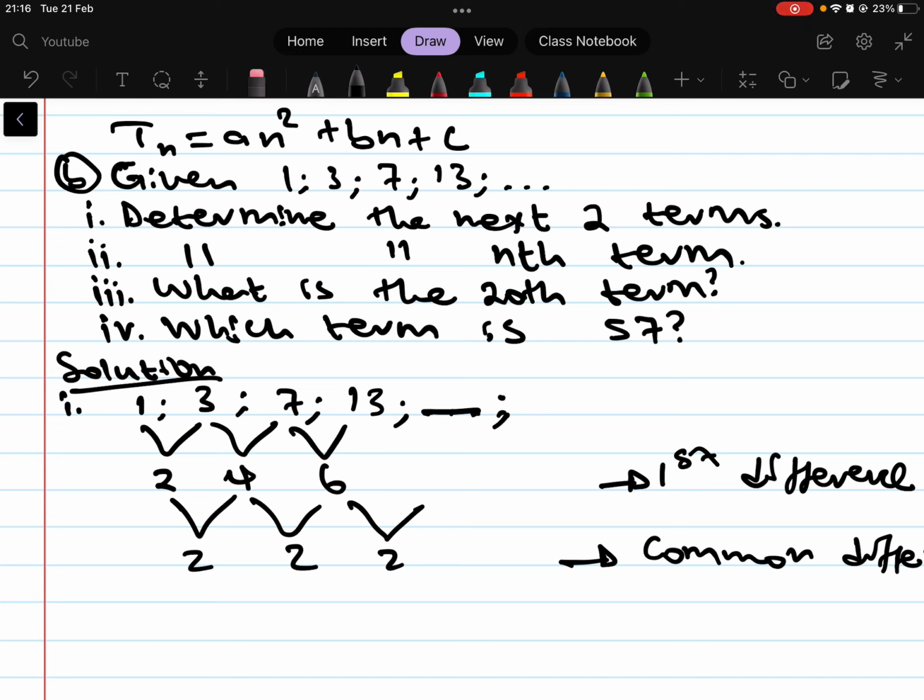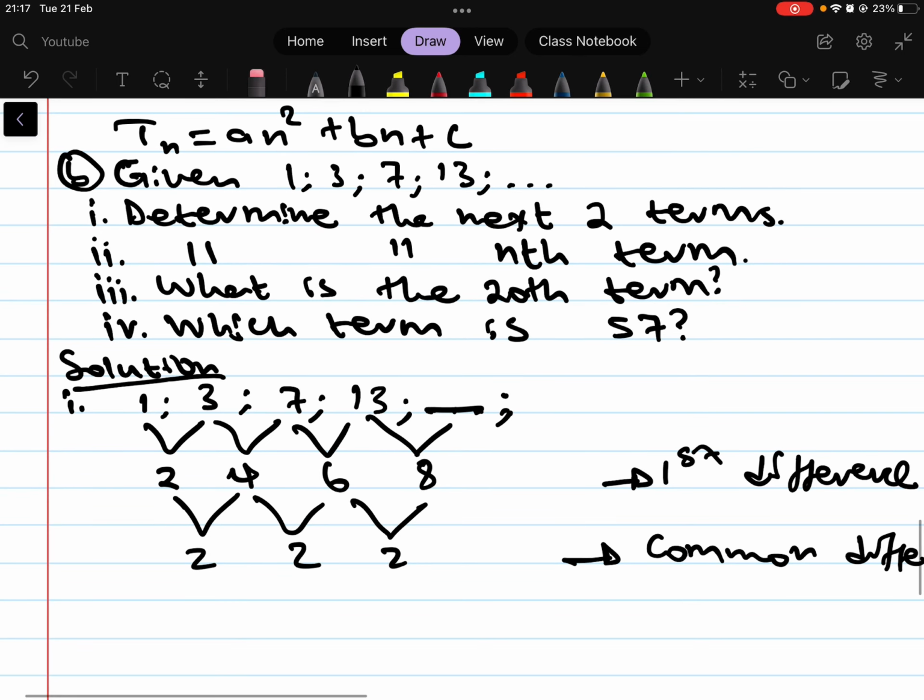So we add 2 to the 6, we get 8. Then now we just need to add 8 plus 13. What will that give you? 8 plus 13 is 21. Then you already have one of the next two terms that they wanted. Continue again and realize that 8 plus 2 is 10. You will see that if everything is not based on feelings, you are getting the right answer.